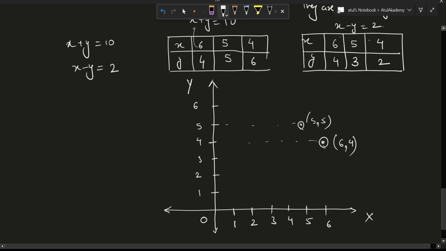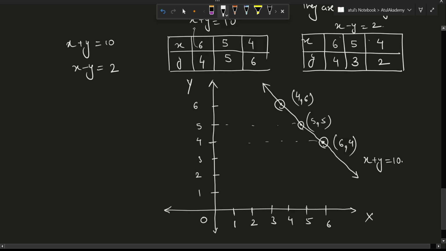And then it's 4 and 6. So let's draw the line. Using a scale, please draw the line. It has to be a straight line. That's the first equation, x plus y equals 10.